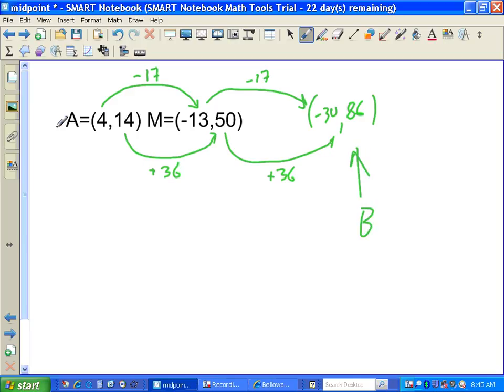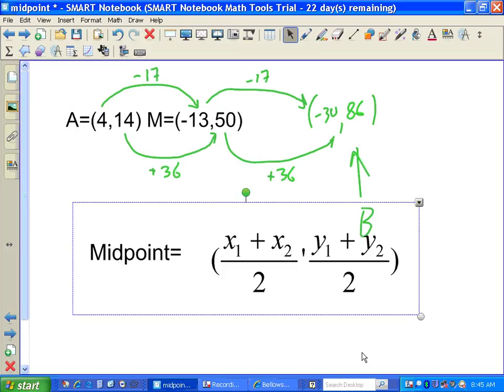So that's my endpoint. Again, formula, little pattern thing, noticing what's going on. Midpoint formula, let's show it up here one more time. There it is. Let's make it larger than ever you thought possible. Add the coordinates, divide by 2. Add the coordinates, divide by 2.